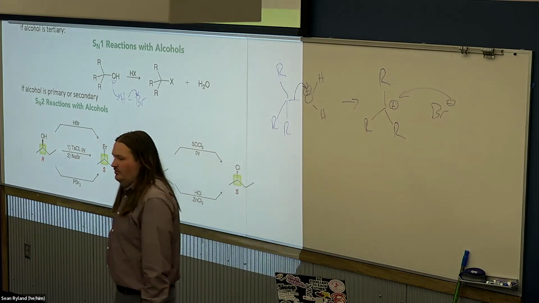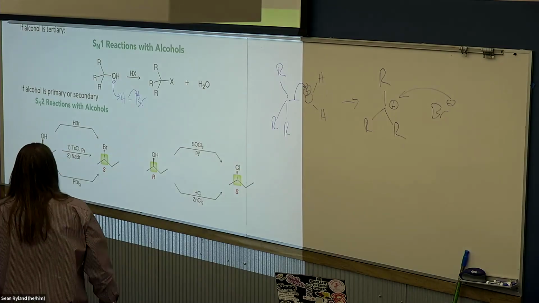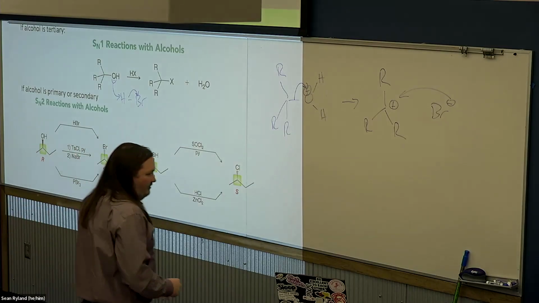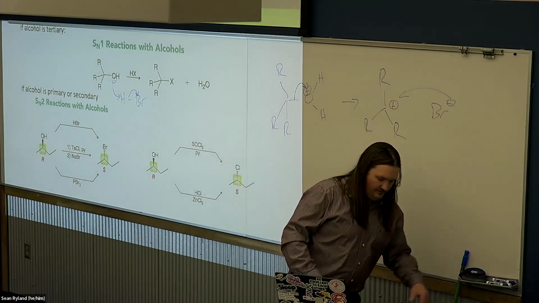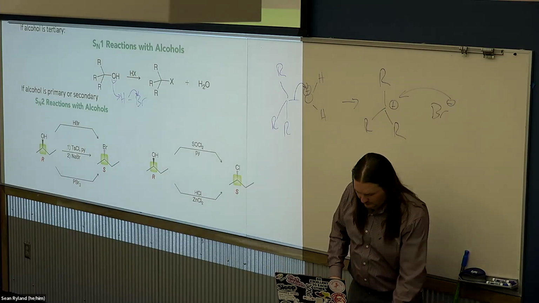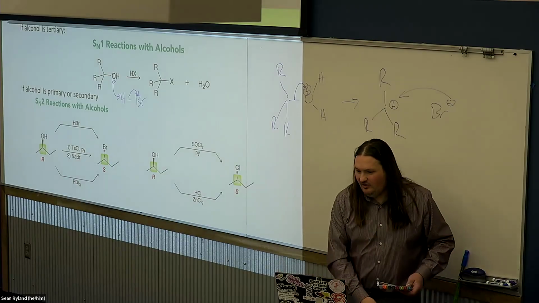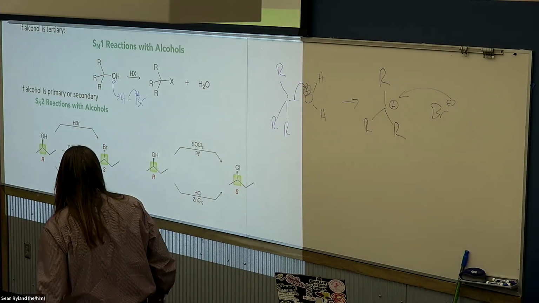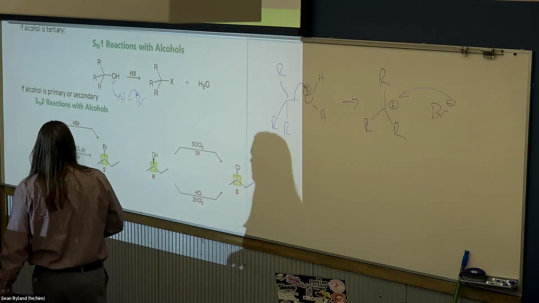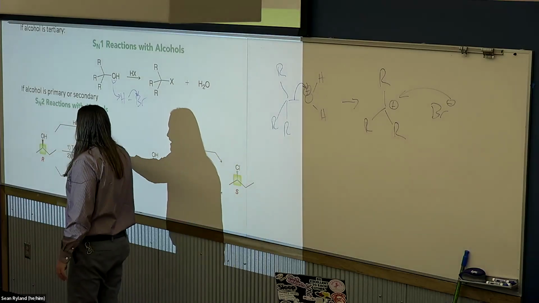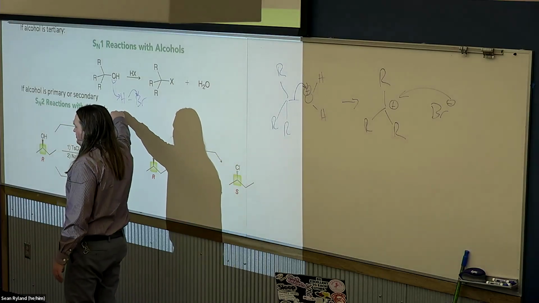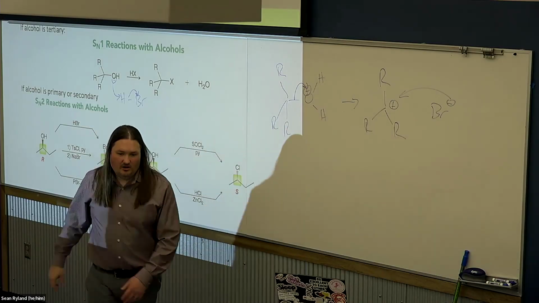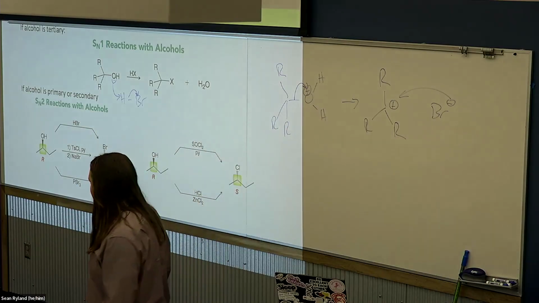So since they don't go through SN1, if we wanted to take this molecule and convert the OH to a bromide or a chloride, it has to go through SN2, which means we need to work on making it a better leaving group, even in water.